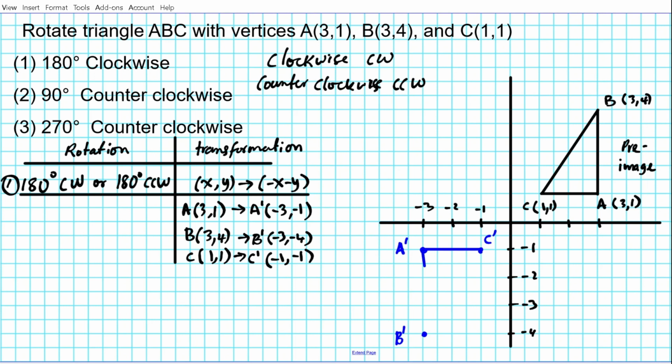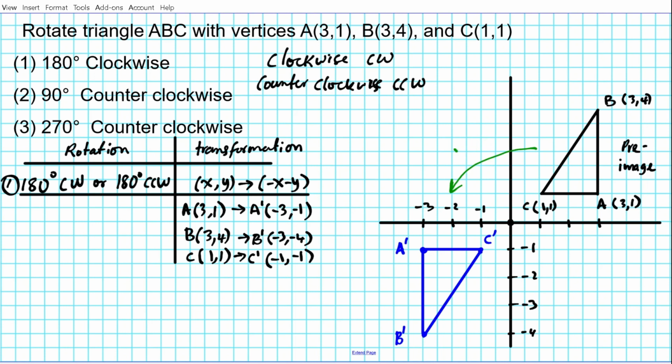So visualize it. If you take this graph and you spin it around the origin, okay, so this is your axis of rotation, what you find out is that this triangle lands right here, okay? So this indicates a 180 degrees clockwise rotation, and then, I'm sorry, that's not clockwise, that's counterclockwise.